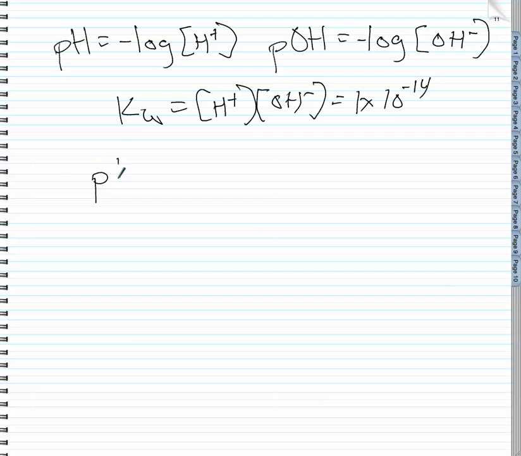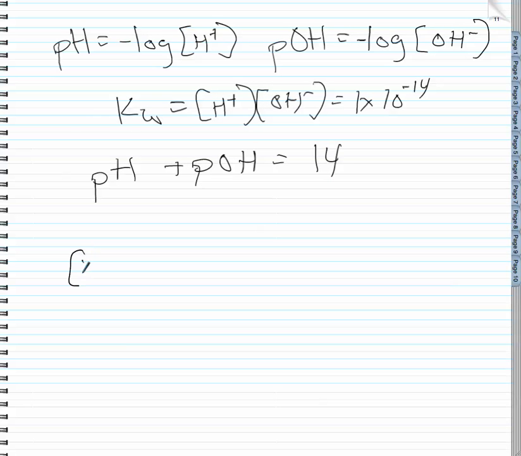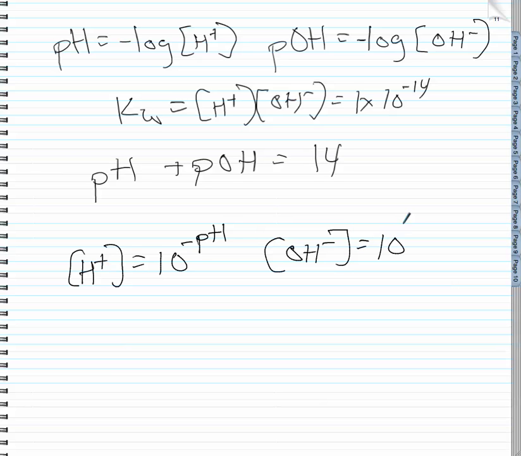We've seen pH plus pOH is equal to 14. We've seen that H+ concentration is 10 to the negative pH, and that OH minus is going to be 10 to the negative pOH. Okay, and so that can help us figure some things out.